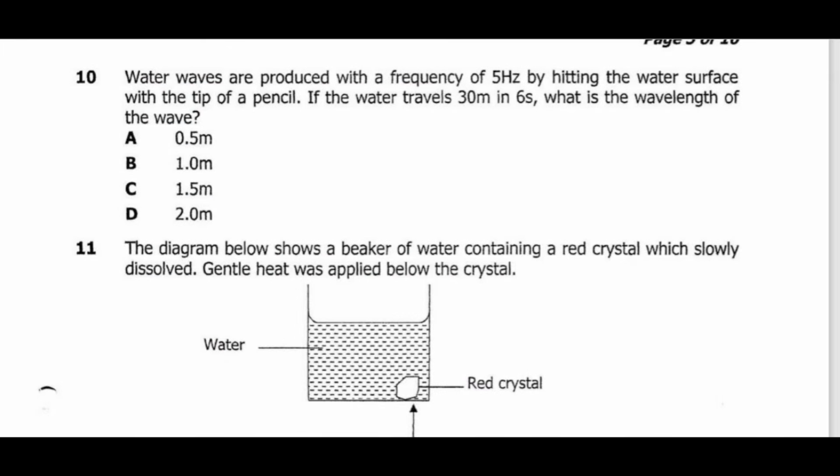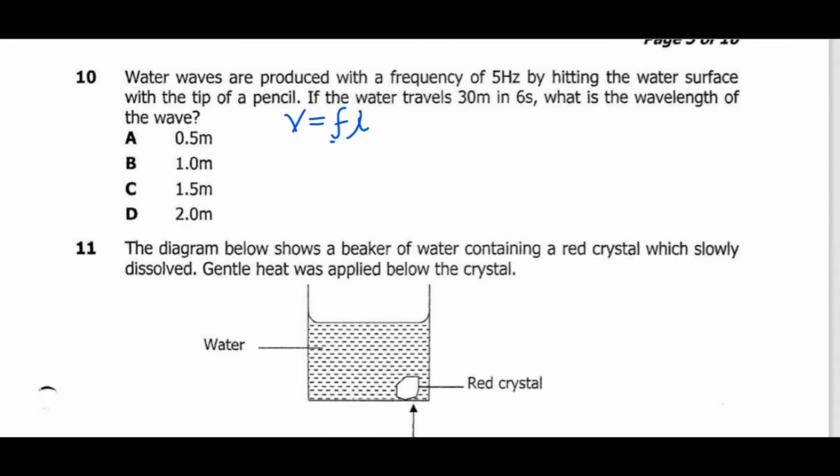Now we move on to question 10. Water waves are produced with a frequency of 5 Hz by hitting the water surface with a tip of a pencil. If the water travels 30 meters in 60 seconds, what is the wavelength of the wave? So we know that velocity is equal to frequency times the wavelength.